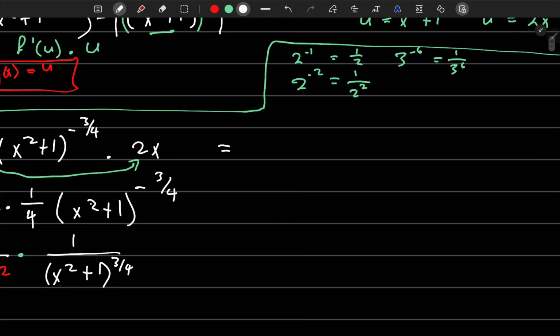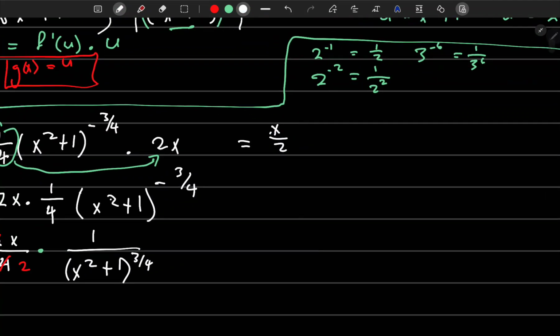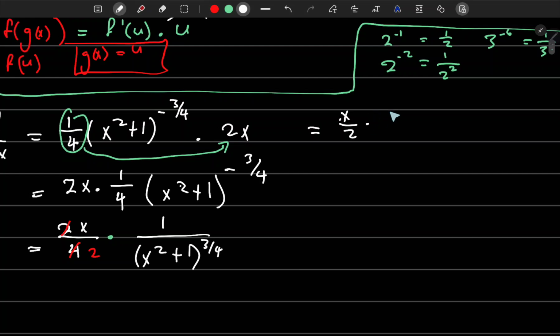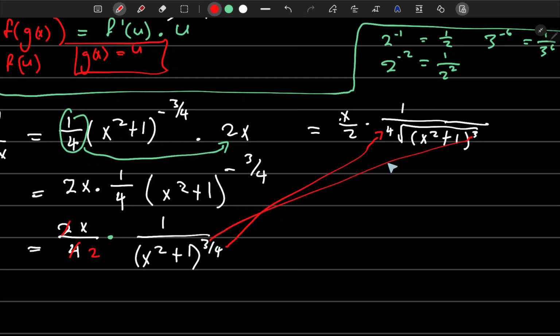So let's write this as x over 2 being multiplied with 1 over the 4th root of x squared plus 1, all this to the 3rd power. So this is what it means. Can you see that the 4 went outside and the 3 becomes the power for that?